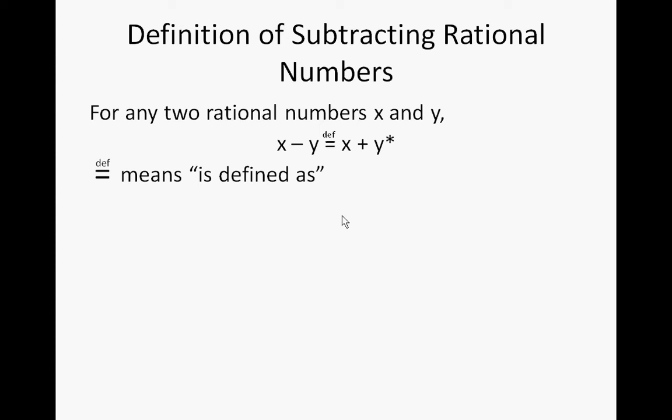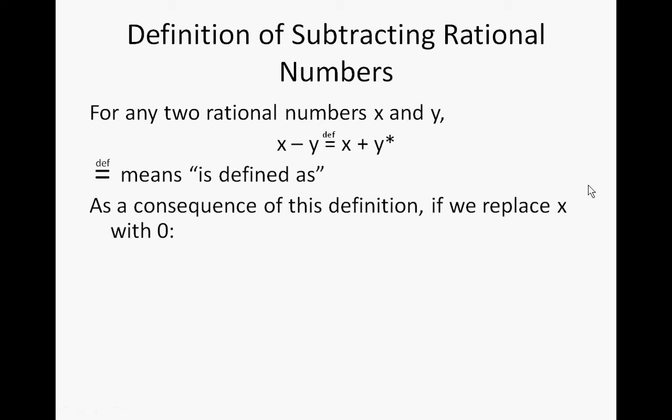So it's just a shortcut for saying is defined as. So basically what we're saying is subtraction is defined as addition, and it's adding a positive with a mirror opposite, or a left pointing vector. So a right pointing vector plus a left pointing vector is the same as subtraction.